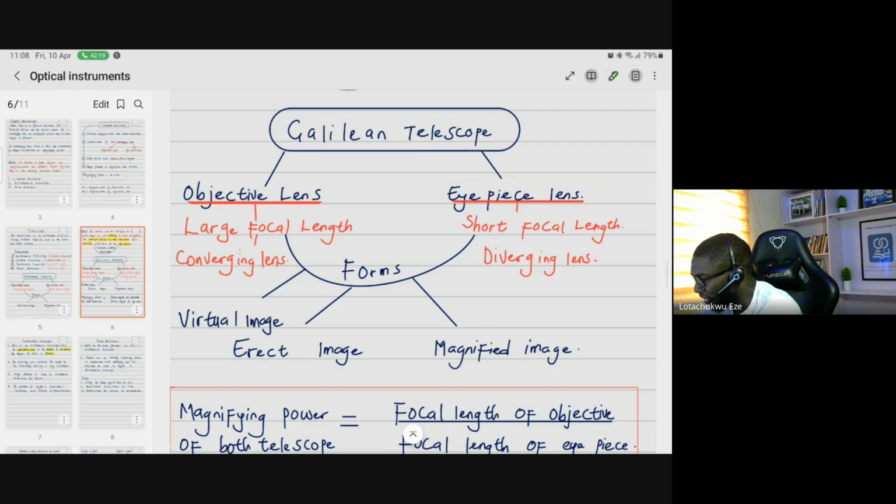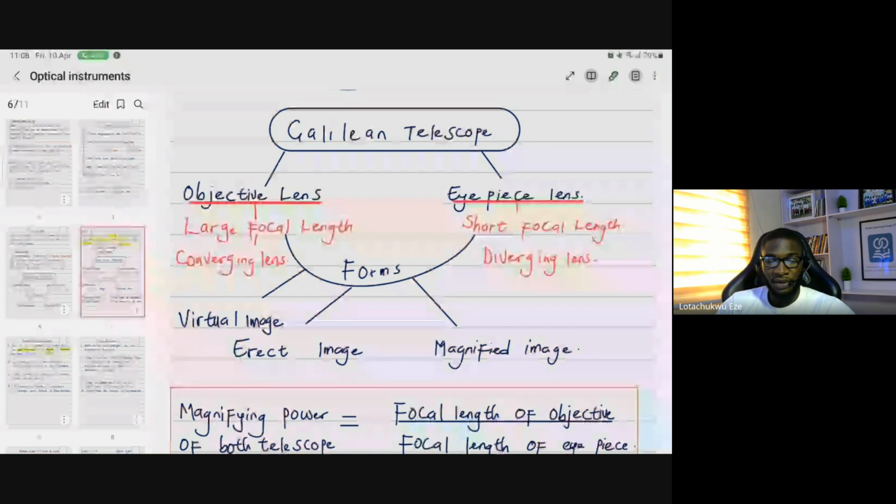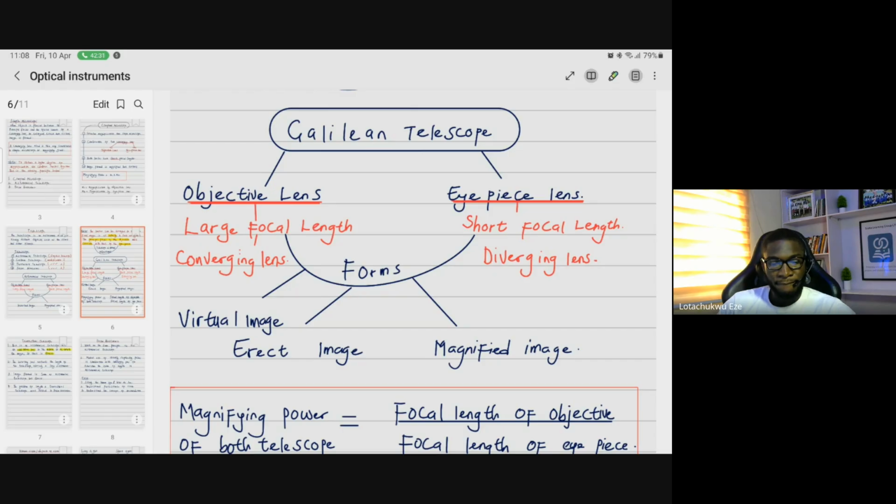I think is there an error there for Galileo? Is the image by Galileo erect? I don't think the Galilean telescope should be erect since we are correcting that using the terrestrial telescope. Are they usually inverted? Sorry, let me be sure, please. Okay, yeah, I'm correct.